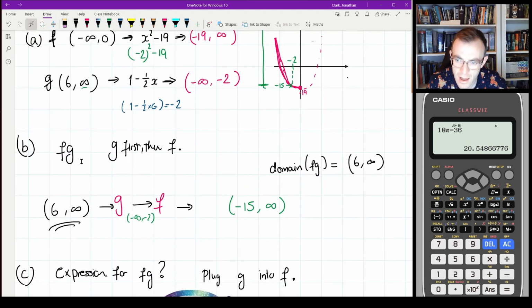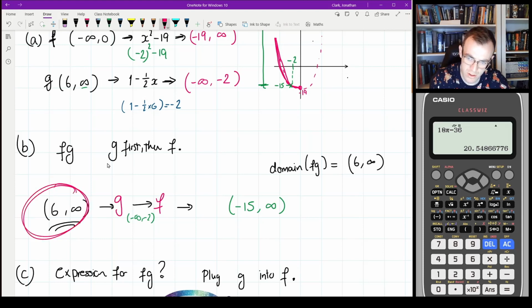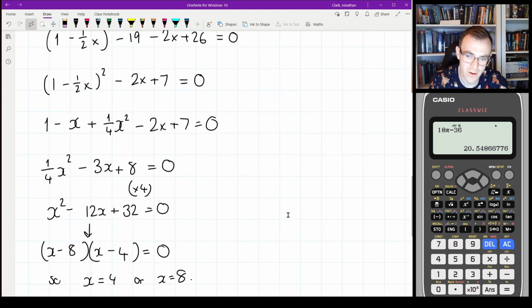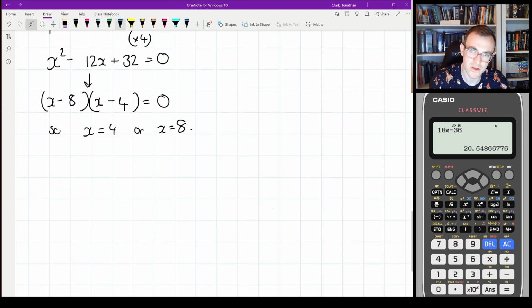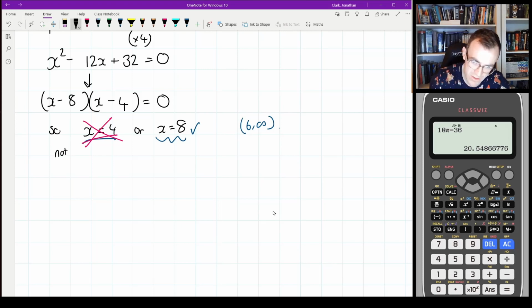And the numbers that were going into fg were 6 to infinity, right? So we've got either x is 4 or x is 8. We're allowed to put x is 8 in because it's in this range 6 to infinity. Whereas x is 4 is not in that range. So even though it did solve this quadratic, it's not a solution in this instance.